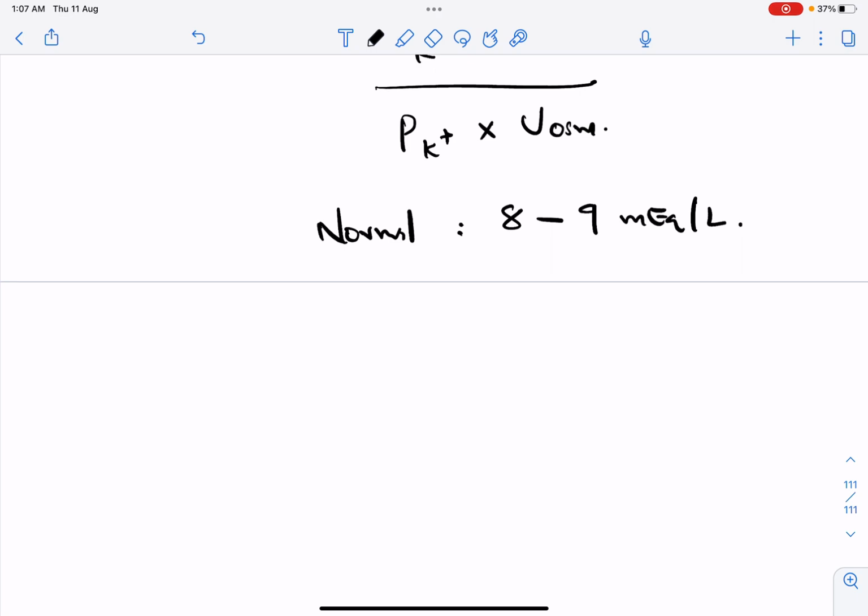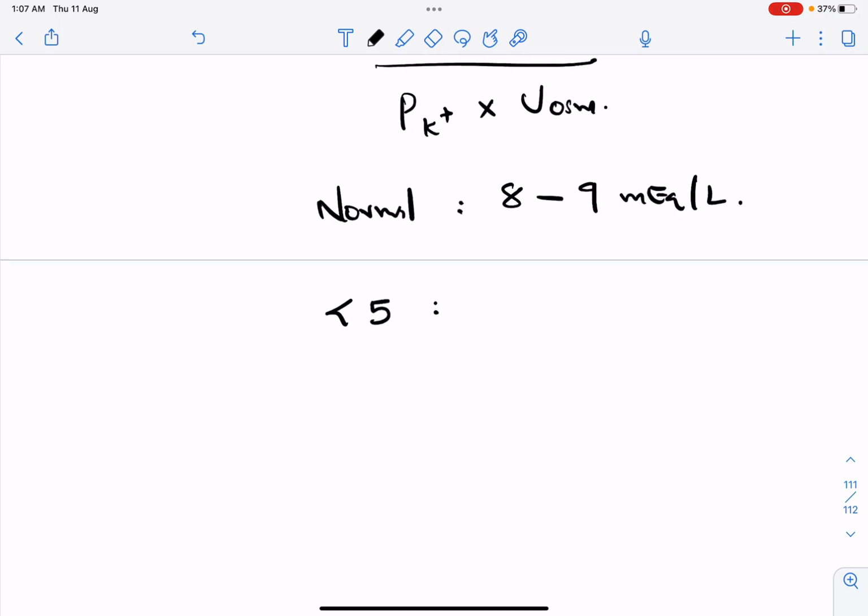Okay, and if it is less than 5 in a patient with hypokalemia, the interpretation is that it is due to hyperaldosteronism.